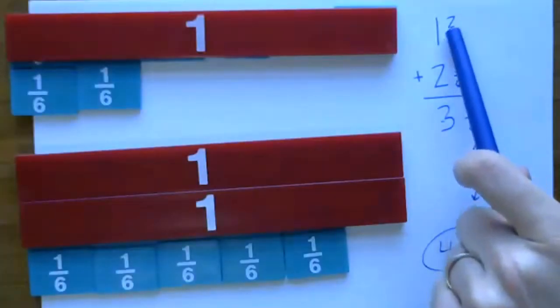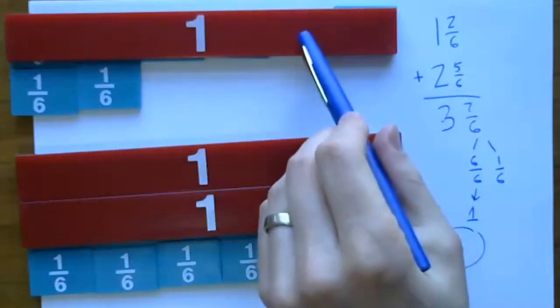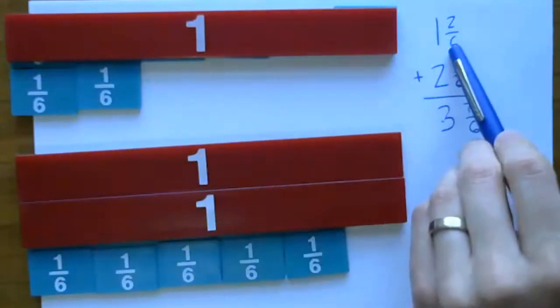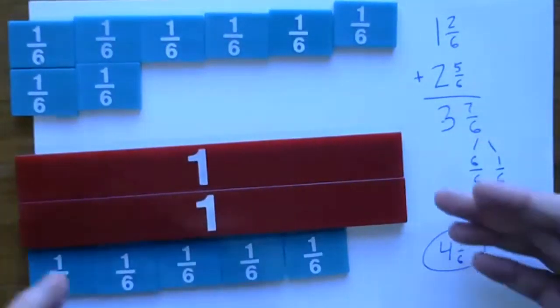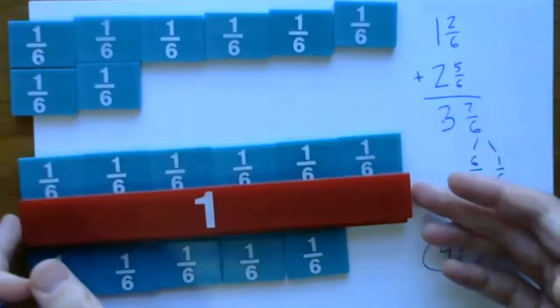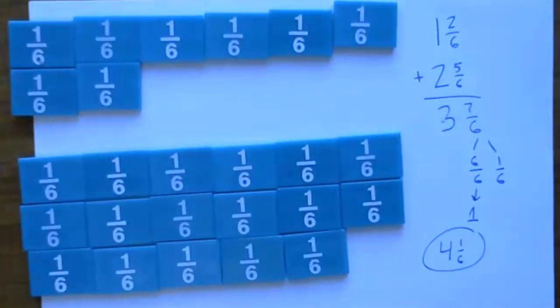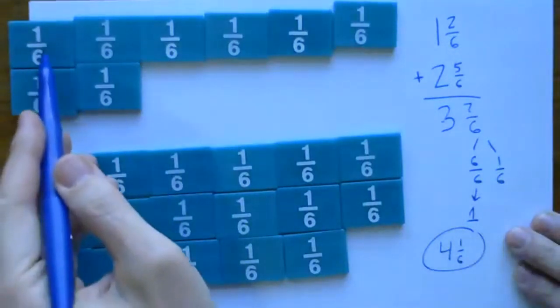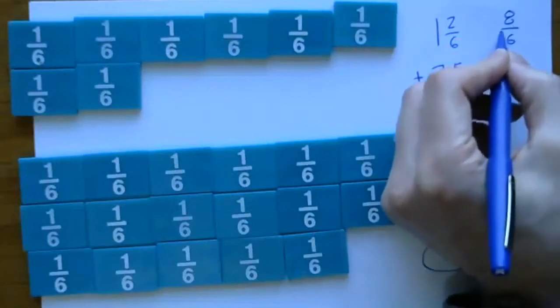Now I've gone back to the original pictures of 1 and 2/6 and 2 and 5/6. Do remember when you're dealing with mixed numbers that these wholes, since we're dealing with the denominator of 6, are really just a collection of 6/6 as well. So if you can think about that flexibly and realize that each of these wholes is actually just a collection of 6/6, you could think about this in terms of fractions where that's 6/6 plus 2 more sixths, so that would be 8/6.